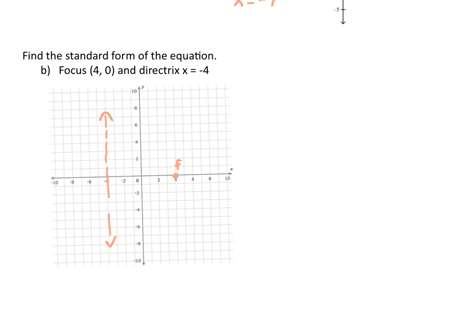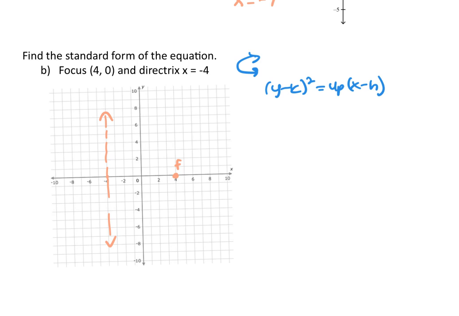Already you know what direction it's going to face: to the right, which means the y is going to be squared. So this is a (y - k) squared equals 4p(x - h) situation. I know this because it has to go around the focus and away from the directrix.